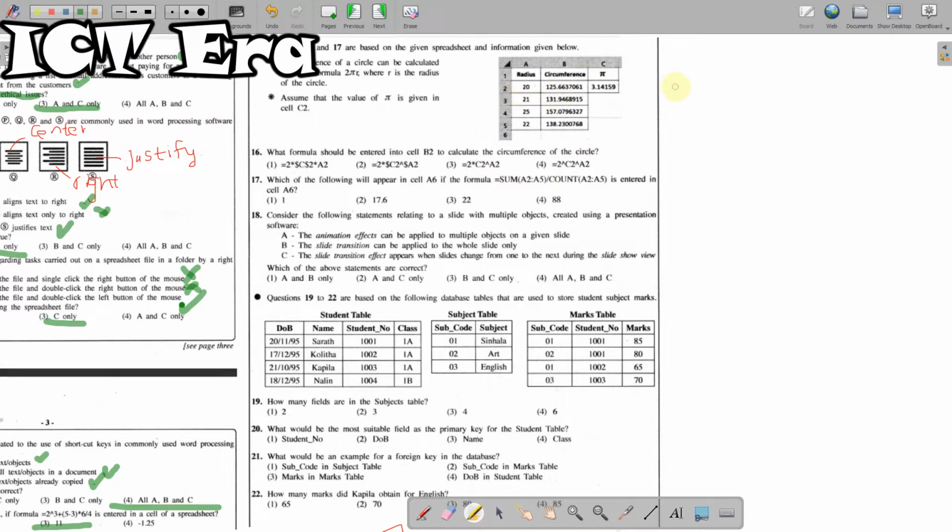So there are two ways. First of all, this is the method we can use if we want to find only the circumference of cell B2. It is 2 times pi, which is cell C2, times r, meaning the radius A2.